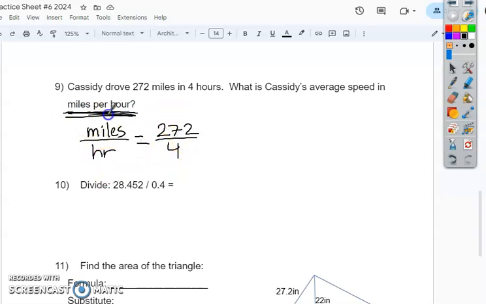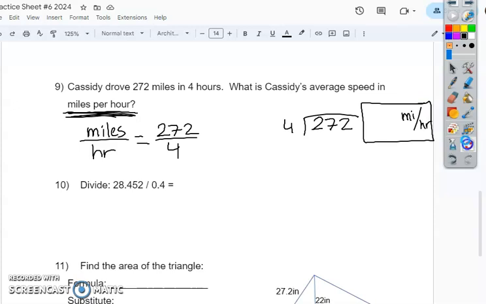This right here is telling me my question, guys. This is just a unit rate. You want for 1 hour. You divide. That's it. Okay? So, whatever you get, you would put miles per hour. Okay?